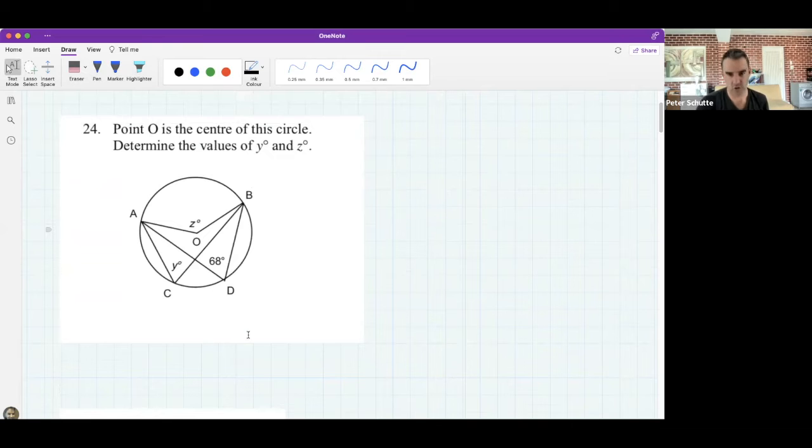So you're given a circle. You need to think about what theorems or facts will be involved. And then you need to think about what value you think you would get for y and z. Let's do this. And then I want to hear some human voices to tell me the reasons.